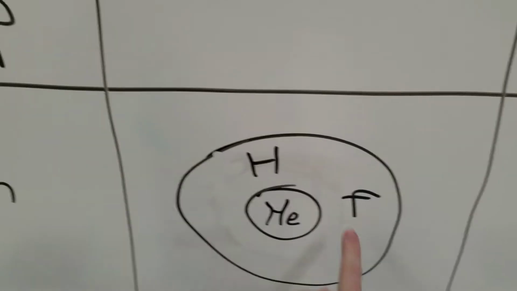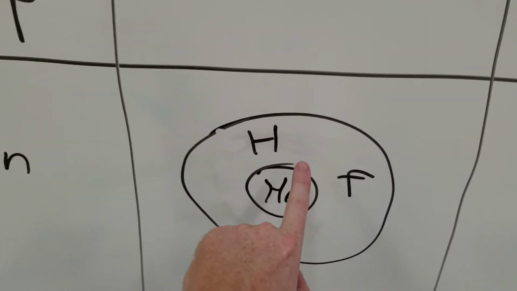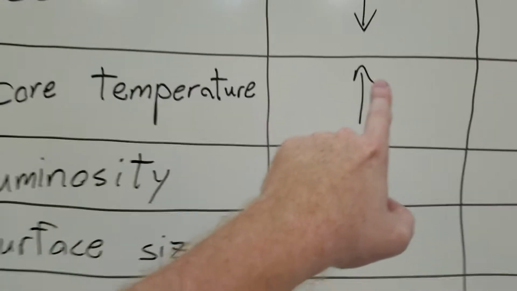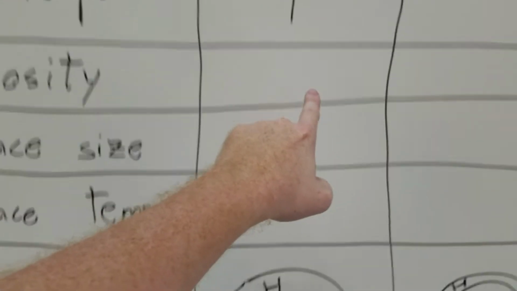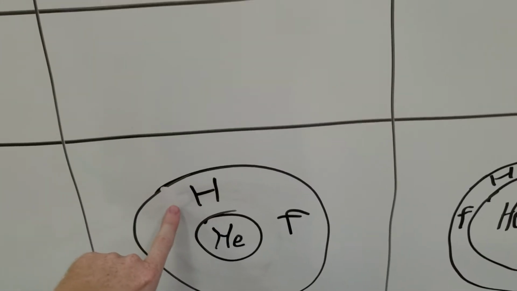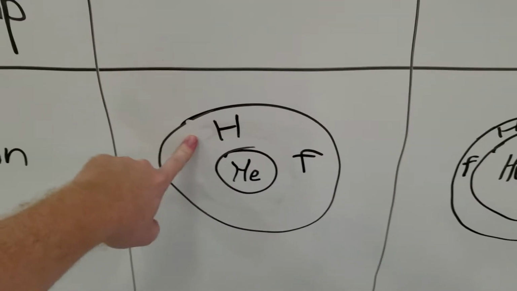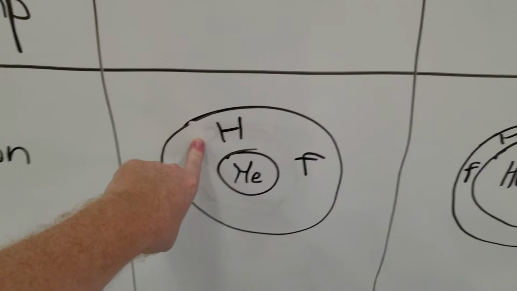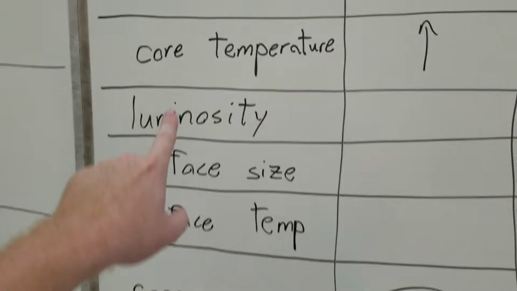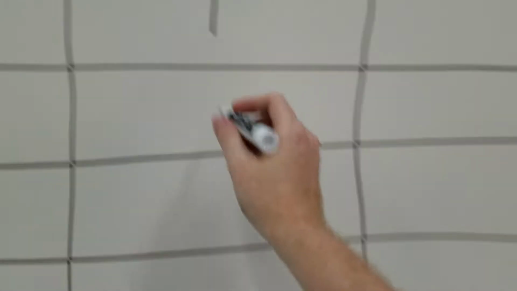This is called hydrogen shell fusion. Now, because our core temperature is now extra hot, and because this shell is actually bigger than the core was, we're actually fusing more now than we were during the main sequence. So that means that the luminosity is also going to go up.